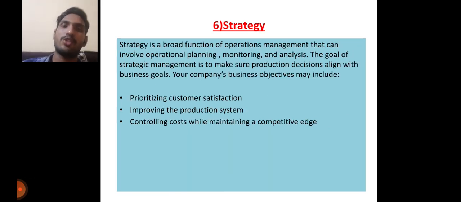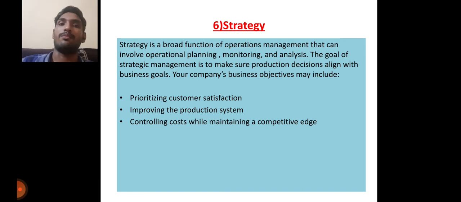The sixth one is strategy, a broad function of operations management that can involve operational planning, monitoring and analysis. The goal of strategic management is to make sure production decisions align with the business goals. Your company's business objectives may include, first, prioritizing customer satisfaction.